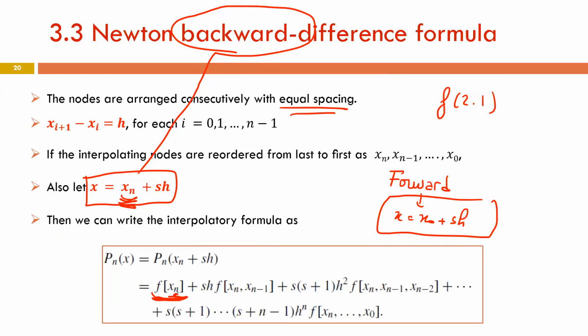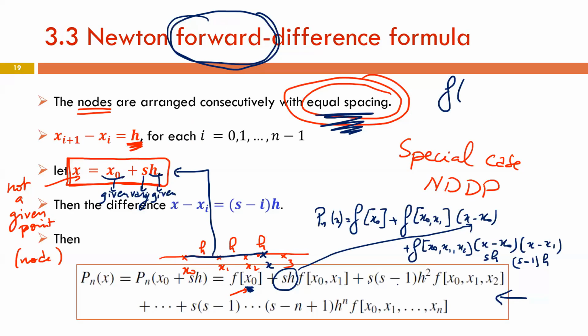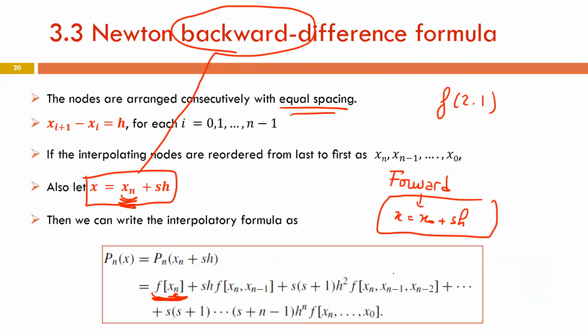So the formula will become the differences with respect to xn. Another difference here, s times s minus 1 becomes s times s plus 1. s times s minus 1 s minus 2 becomes s times s plus 1 s plus 2.